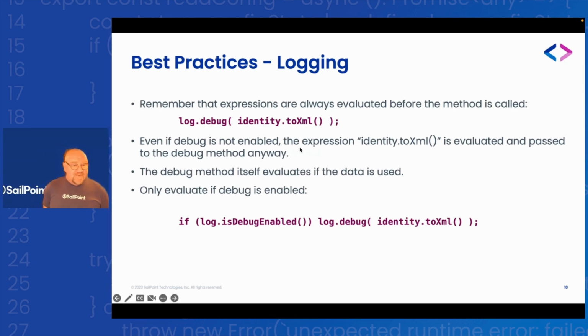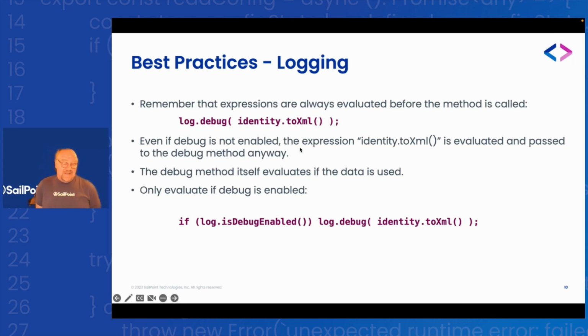So below, I've got log.isDebugEnabled. That will shortcut this. So it will first check to see if debug is enabled before it's executing the debug statement. And that means if debug isn't enabled, then toXML is not going to get evaluated and executed.